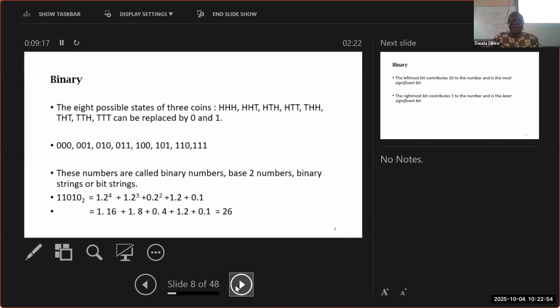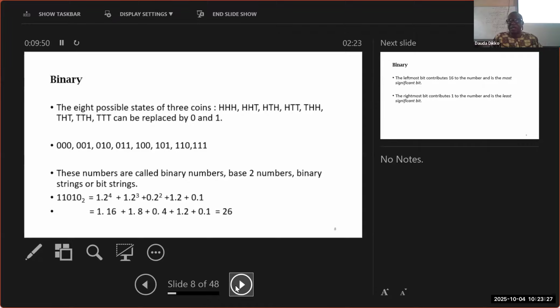So we can see that in the conversion, we have 1 times 16, plus 1 times 8, up to 0 times 1. We can see that the leftmost side, which is 16, carries a lot of information, so that shows that it is the most significant.